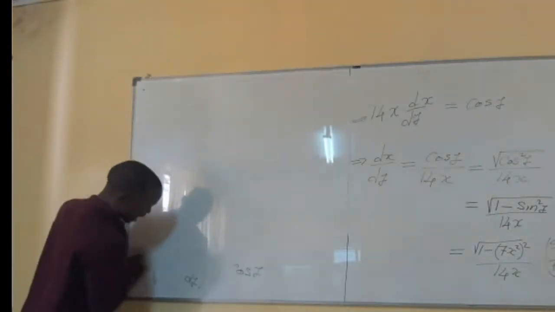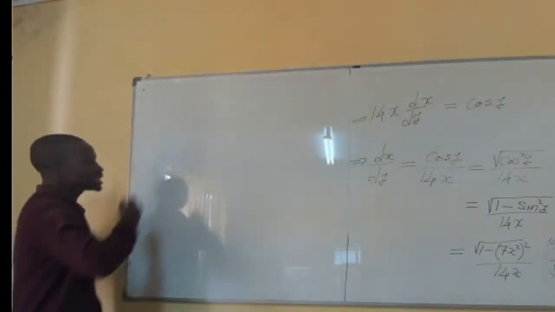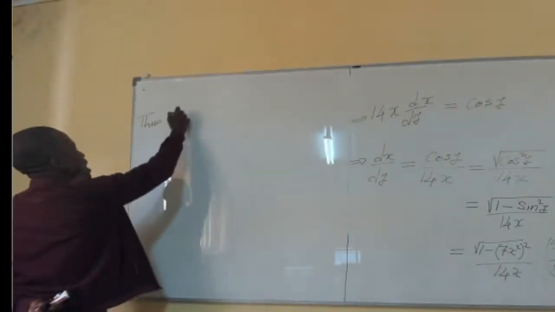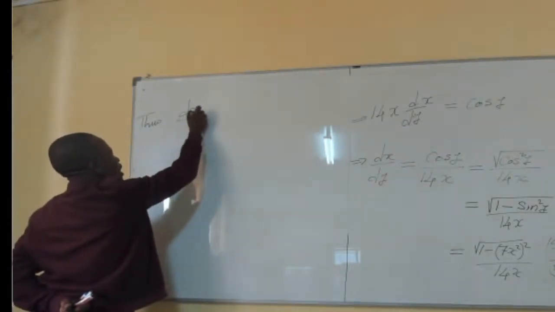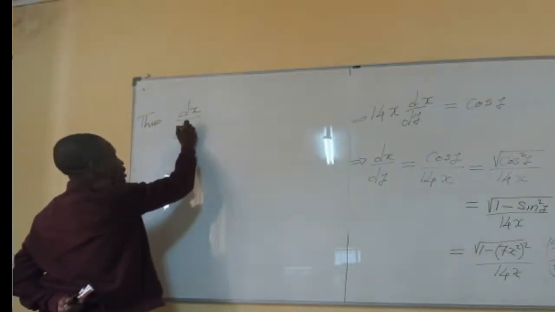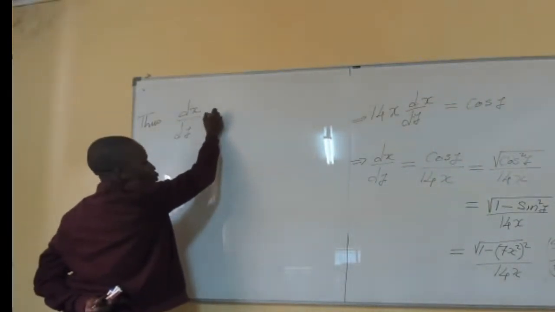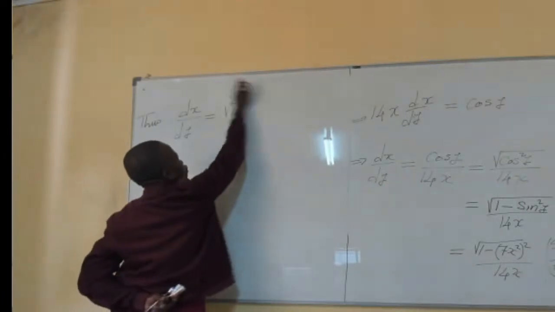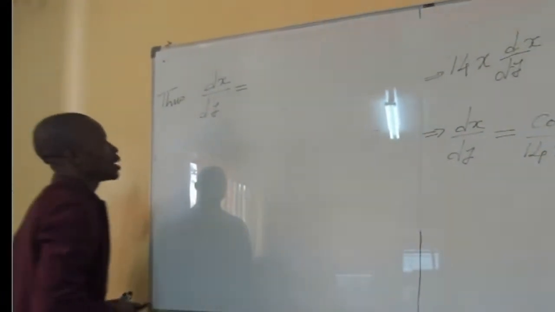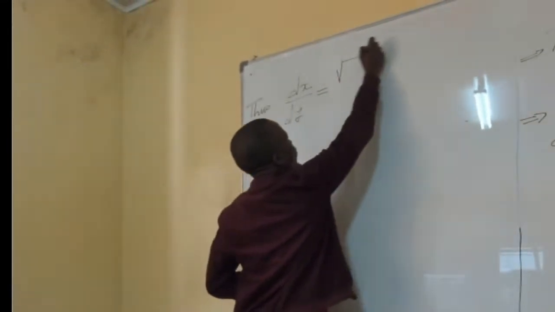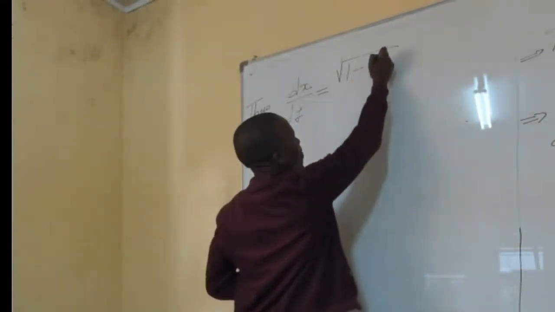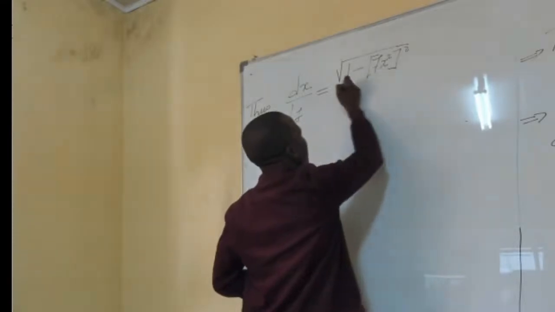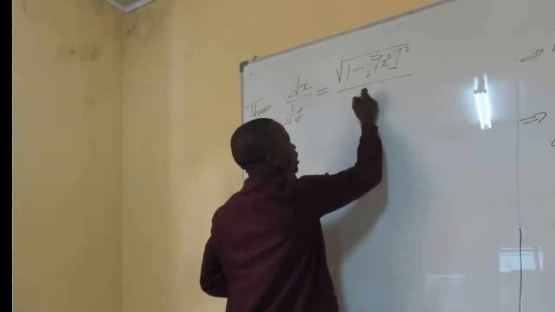So what you have done is that, thus, what we get, we are saying the derivative of the function x with respect to y is equal to the square root of 1 minus 7x squared, everything you square them, divided by 14x.